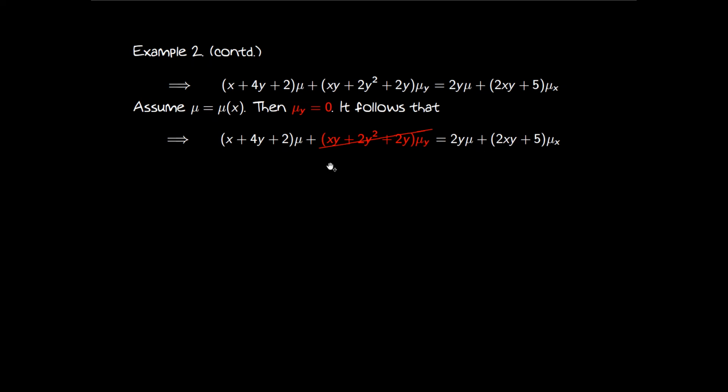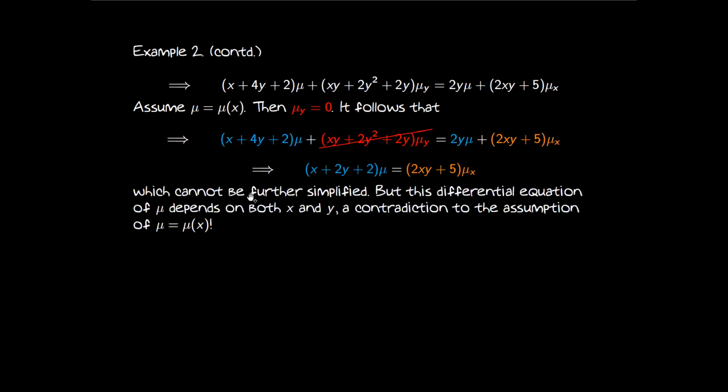We combine the mu terms. We'll end with the equation which is not only an equation of x, but also you have y involved, right? So that means your mu and its derivative depends not only on x, but also on y, which is a contradiction to our assumption here, okay?